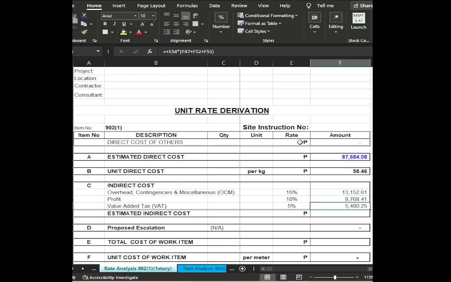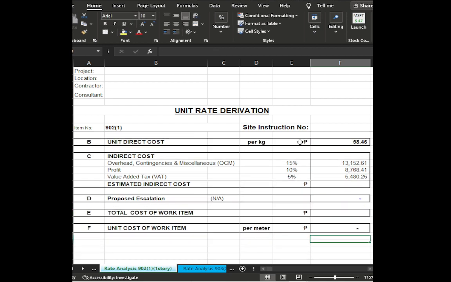So the tax is 5,480. So that's the total. We will sum this one, guys, 27. This is the estimated indirect cost, 27,401.